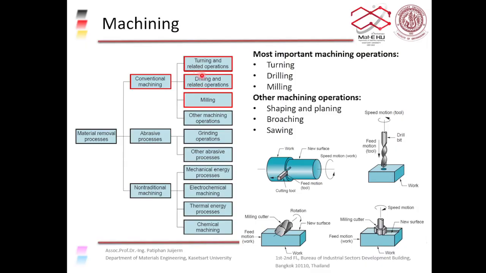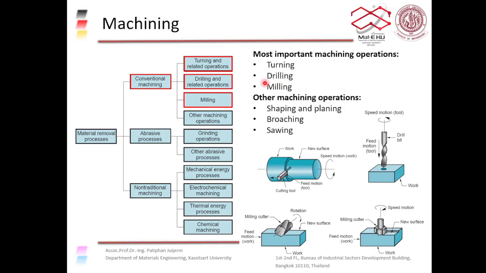The first process is called turning and related operation. The second is drilling and drilling related operation, and also milling, right? So these are the three most important machining operations: turning, drilling, and milling.